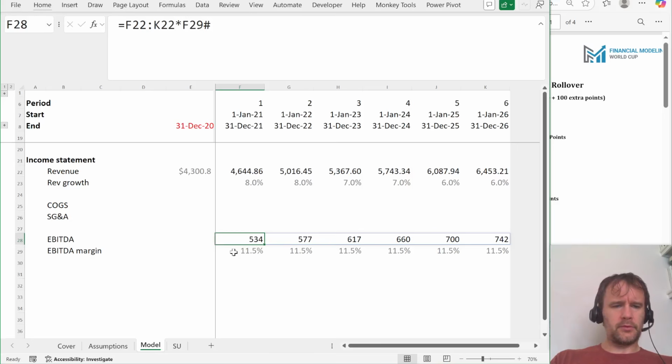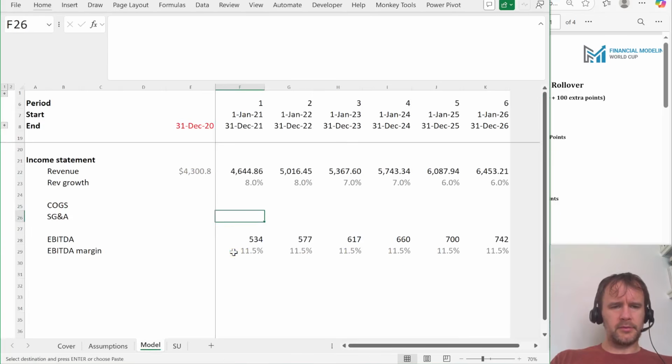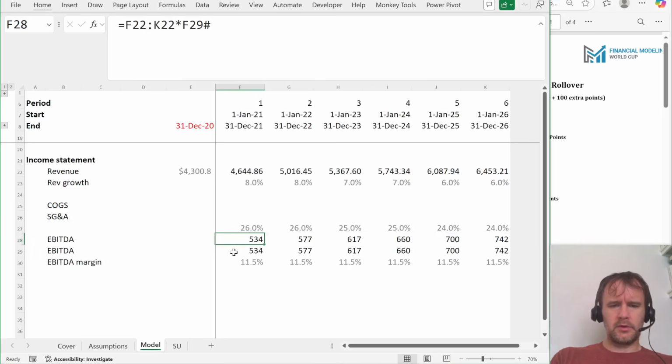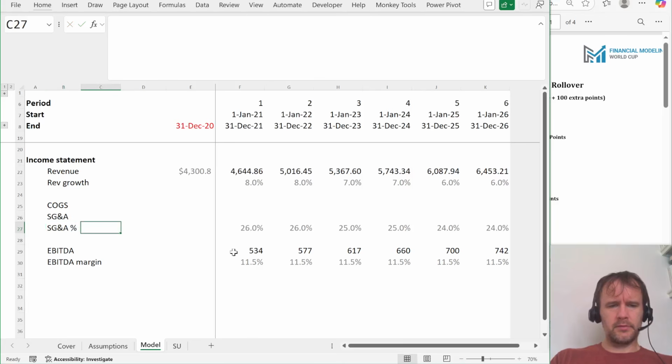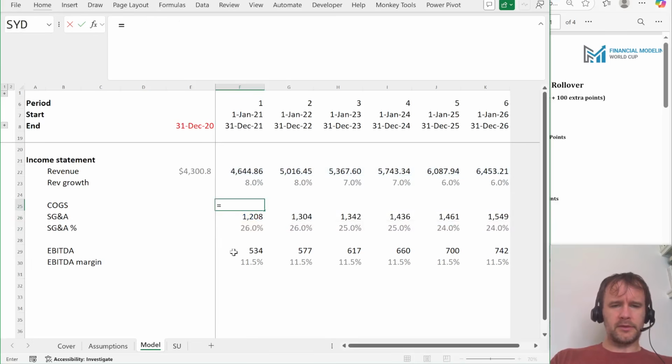Where's my formatting all over the place? Never mind. Then SG&A as percent of revenue is going to be there. SG&A percent. So again, it's just going to be this times this. And then the COGS is going to be the balancing number. So it's going to be the revenue minus SG&A minus EBITDA.